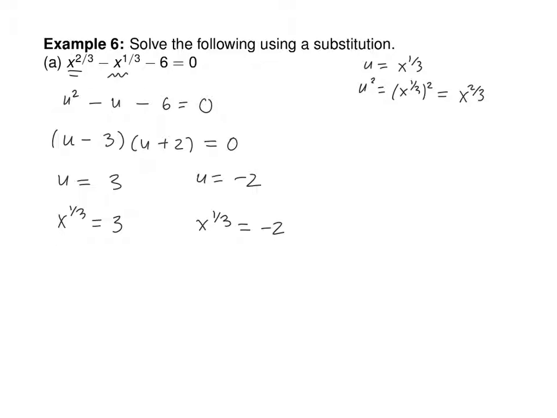And how do you undo a power of 1/3? Cube. You cube it, right? Because it really is a cube root, so the opposite is cubing. So this will give you x equals 3 cubed, or 27, right? X equals -2 cubed, which is -8.